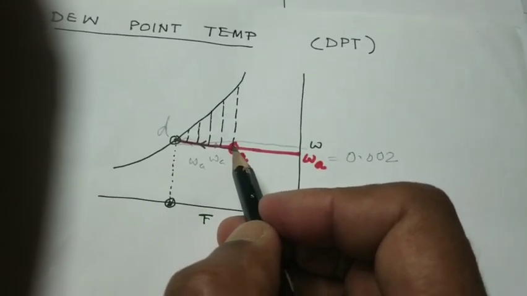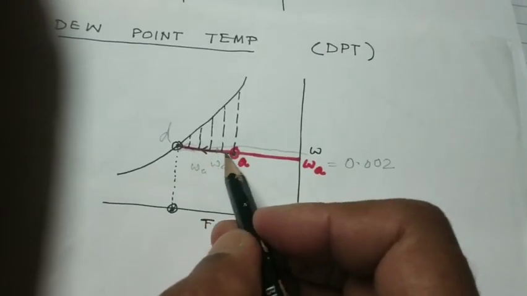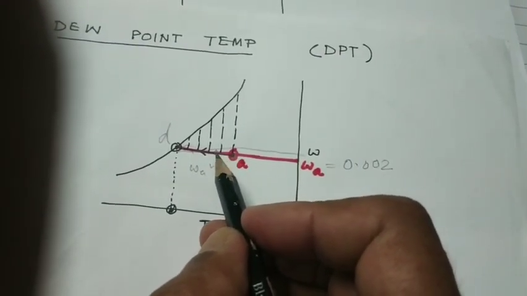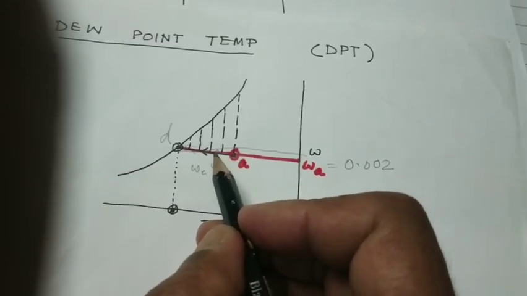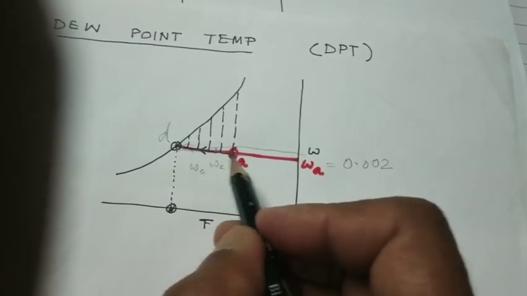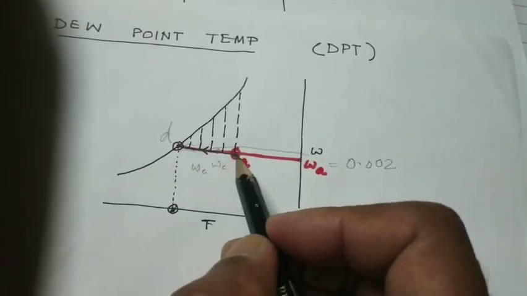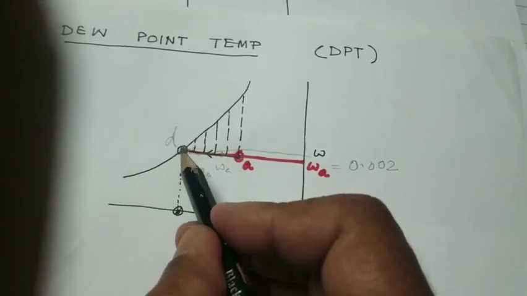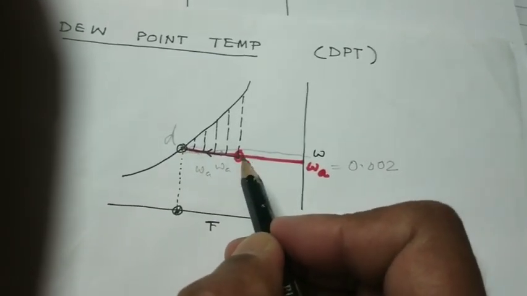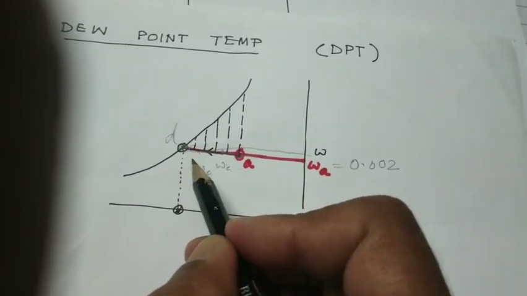I'm just giving an example. So the temperature of the outside air decreases, whereas the humidity stays the same because there is no rainfall, if you assume it. The temperature goes on decreasing. If you want to decrease this, then it approaches a saturation curve.